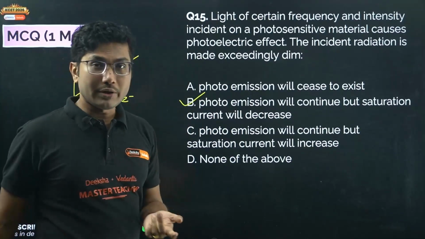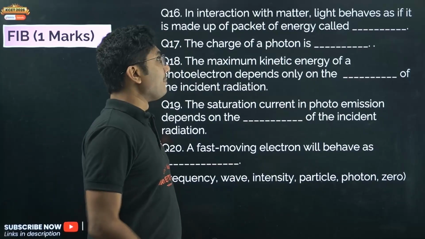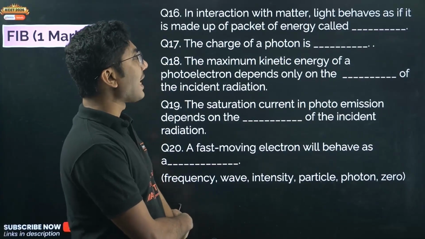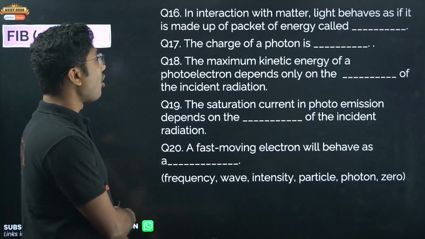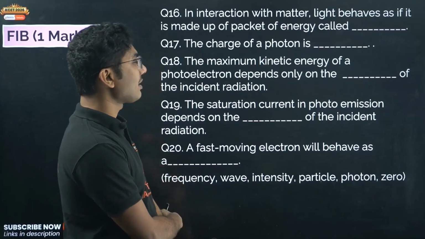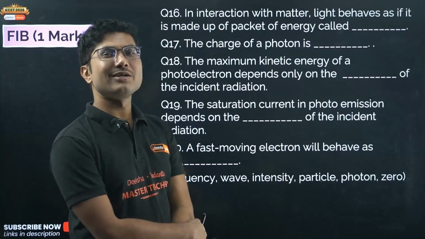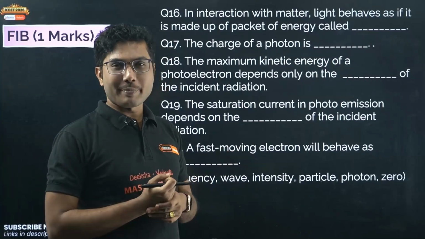Now let's move on to the fill in the blanks questions. In interaction with matter, light behaves as if it is made up of packets of energy called what? What is the name for a packet of energy?